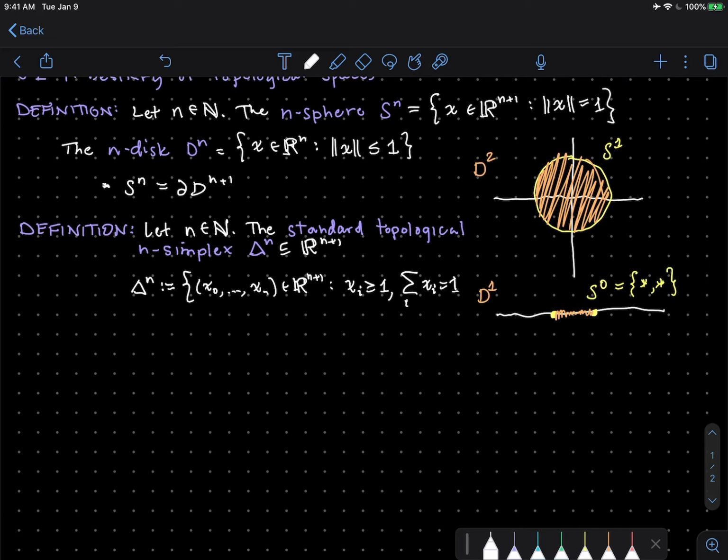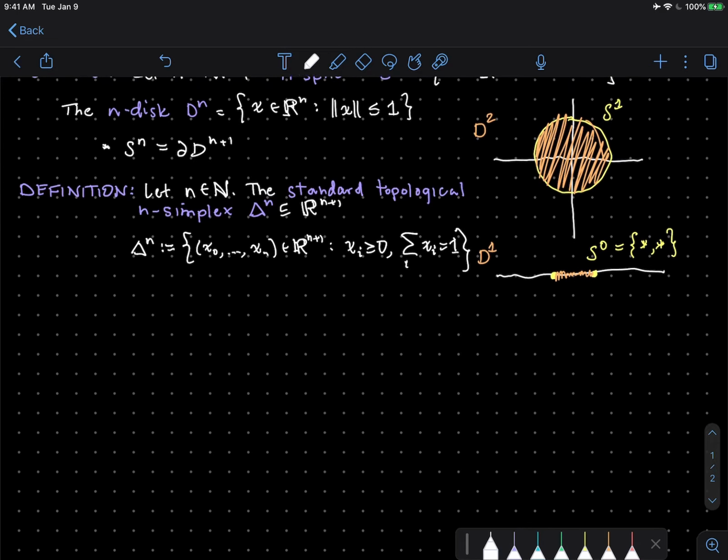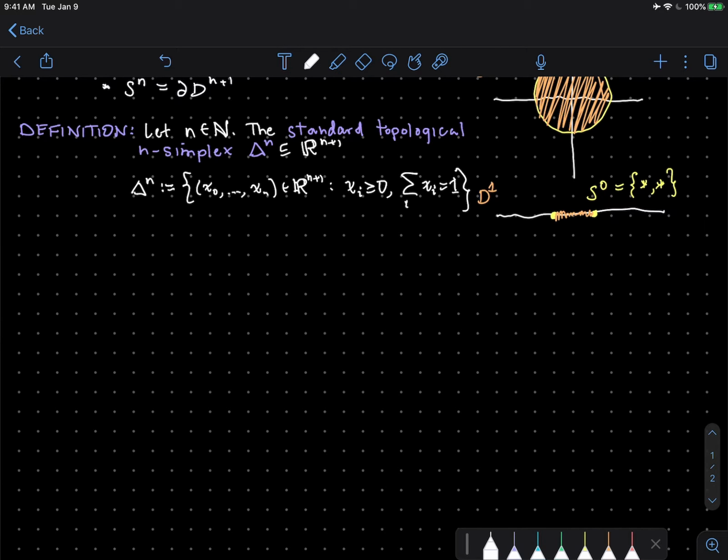Oops. No, they're not all greater than or equal to 1. They're all greater than or equal to 0, and the sum of them is equal to 1. So what does this look like? Let's give another picture on the side. I'll first draw the 1 simplex. So this here is R2.